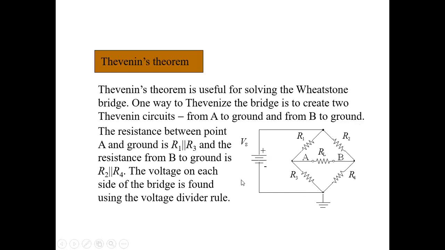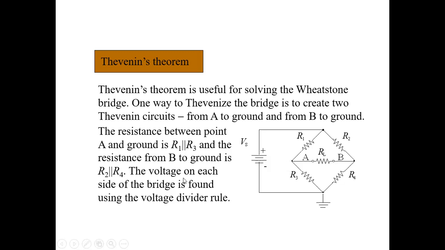In this solution, the resistance between the point A and ground is R1 in parallel with R3. The parallel combination is R1 into R3 divided by R1 plus R3. Similarly, for point B, R2 and R4 are in parallel form, and the combination is R2 into R4 divided by R2 plus R4.